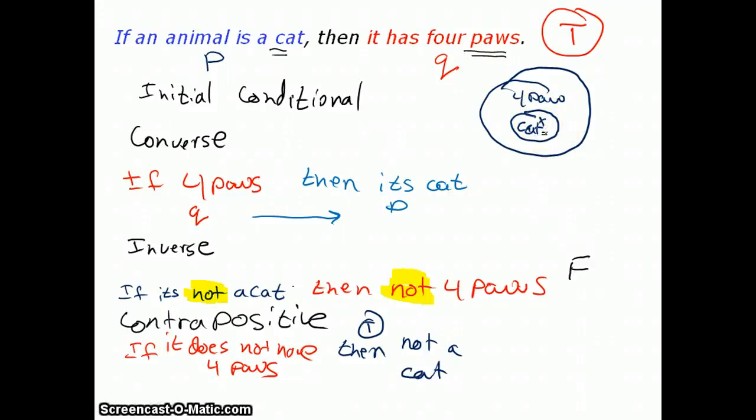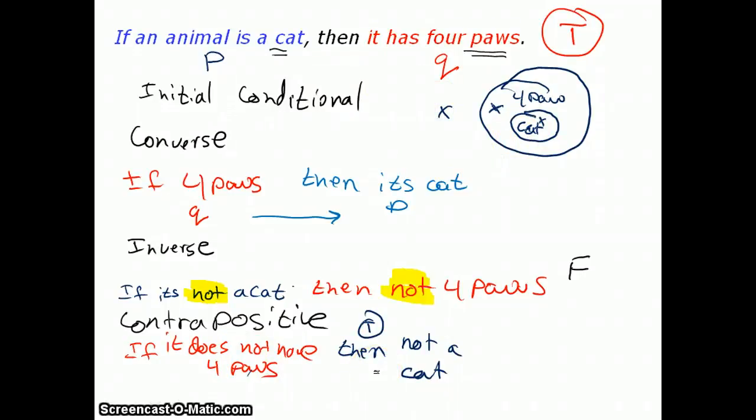And then you can use this as a tool to help evaluate these other statements as true or false. Converse: if it's in the four-paw group, does it have to be in the cat group? No. If it's not in the cat group, does it have to not be in the four-paw group? No, it could be right there. And then finally, if it's not in the four-paw group, can it be in the cat group? No.